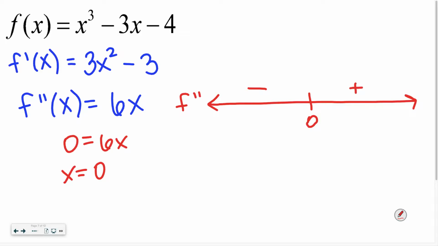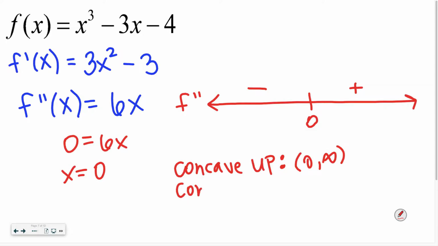Positive. So we have a curve that is concave up from 0 to infinity. It is concave down from negative infinity to 0.